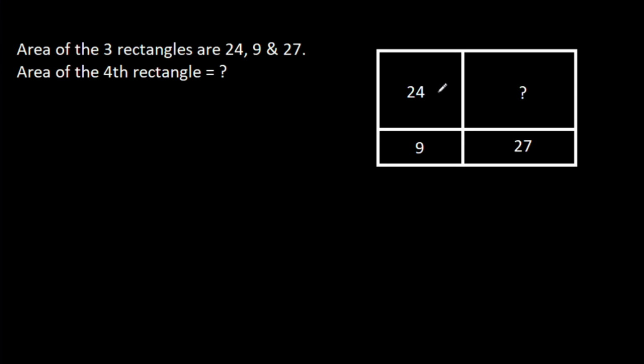Given that the areas of three rectangles are 24, 9 and 27, we have to find this area.